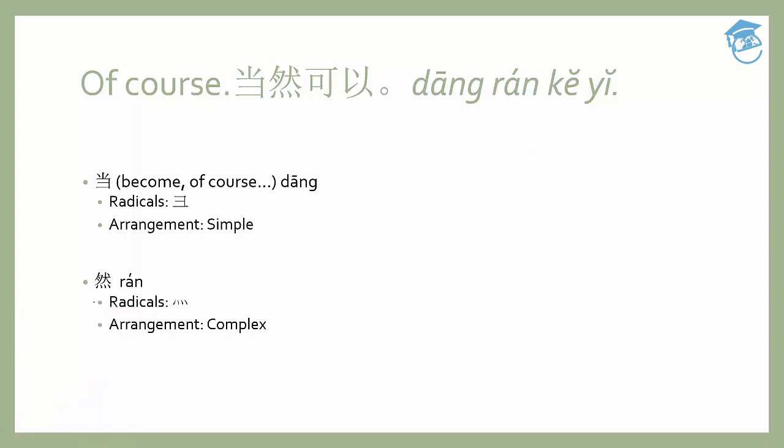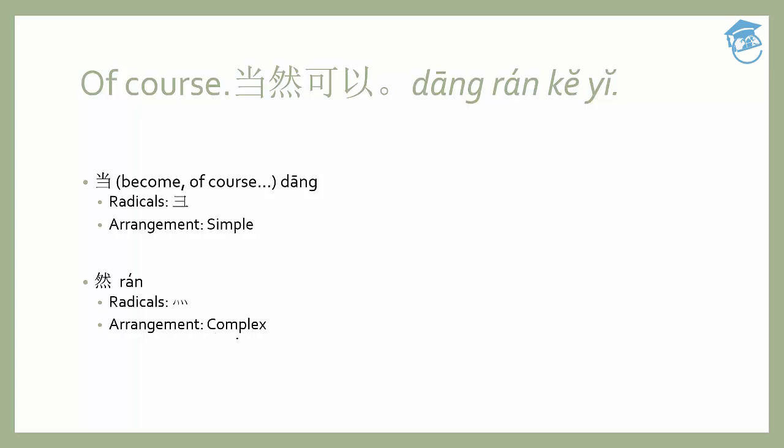The next word is 然. Okay, 然. Sometimes it doesn't really have any meaning, but it's a commonly used word, usually in prepositions or conjunctions. Of course, we will cover more of this in the future, but let's look at how to write this word first. This is the pinyin rán, and the radical is what's at the bottom there.